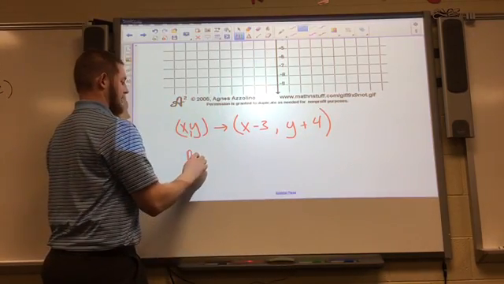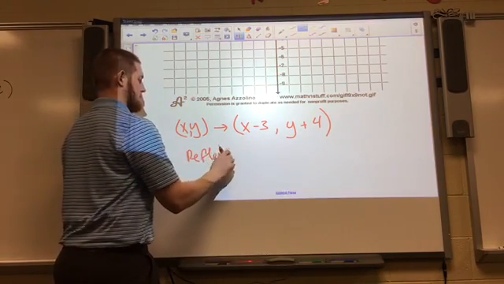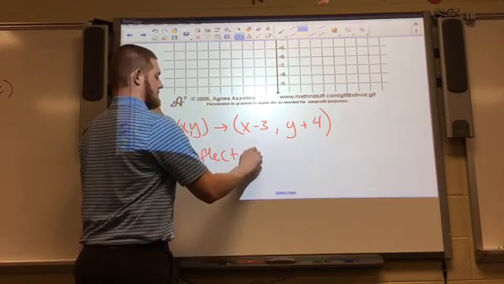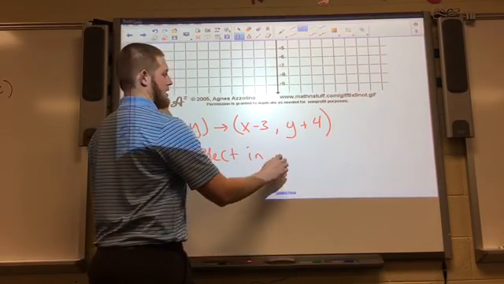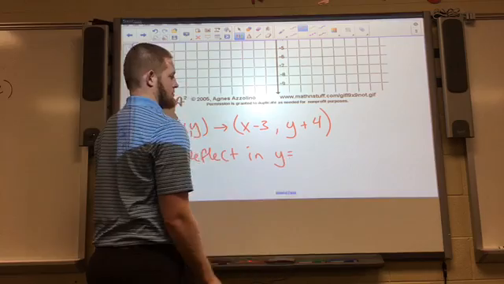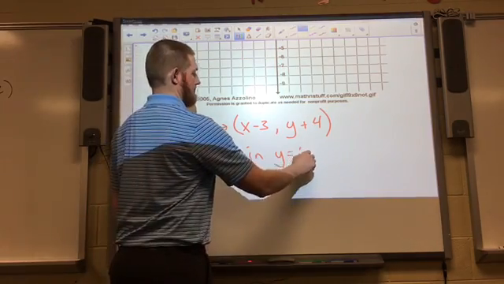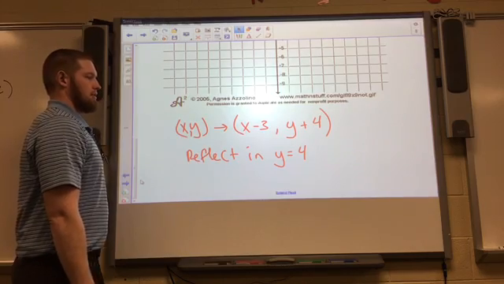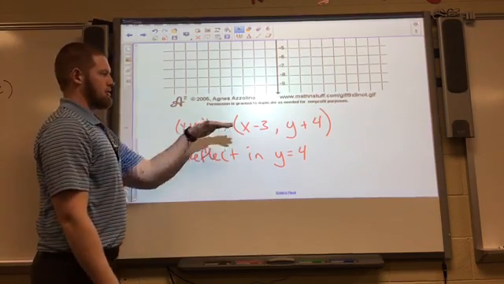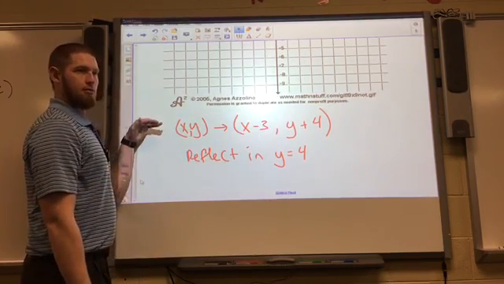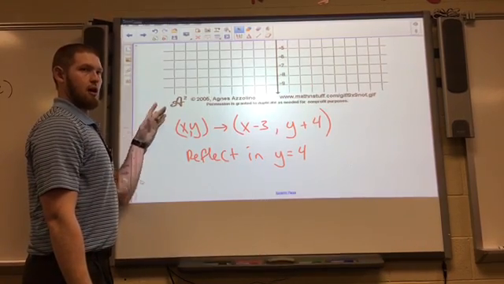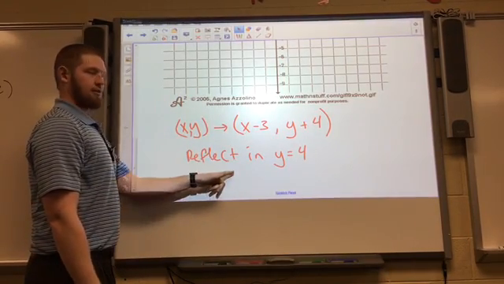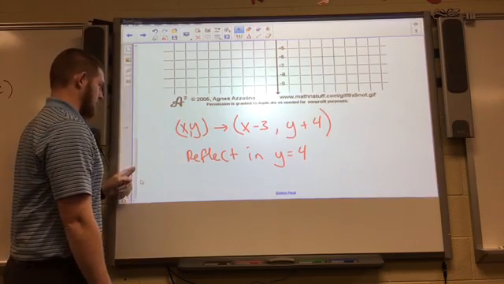And then we're going to reflect it in the line y equals 4. So after I draw this shape, I'm moving it left 3 and up 4, and then I'm reflecting it over the line y equals positive 4.